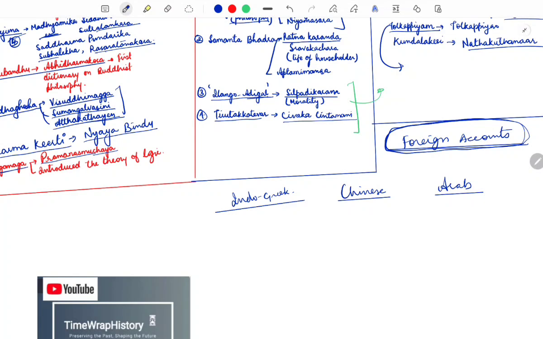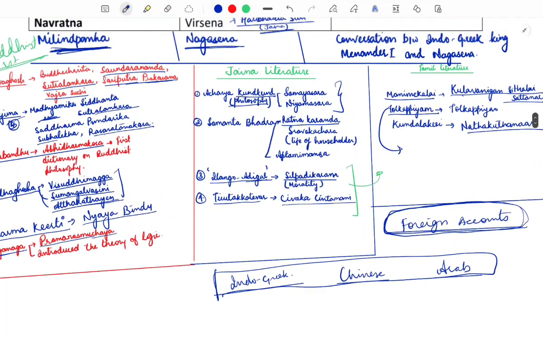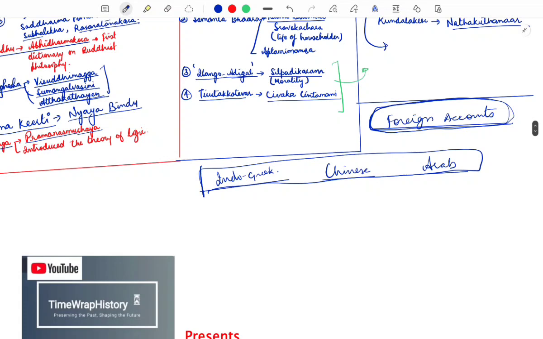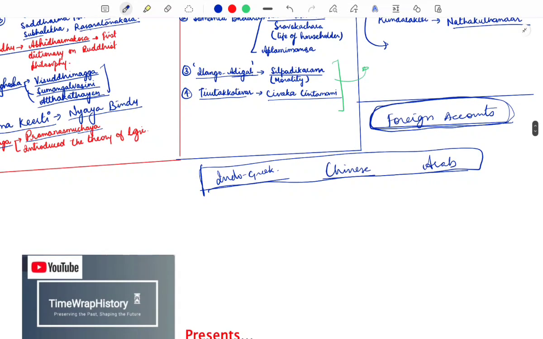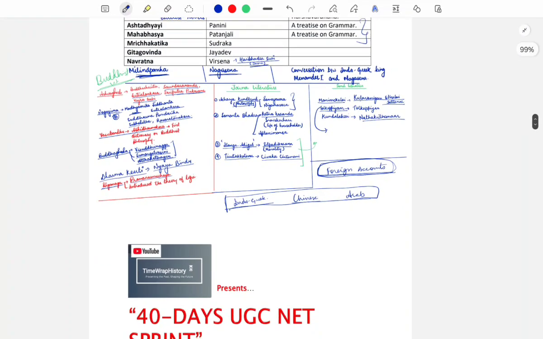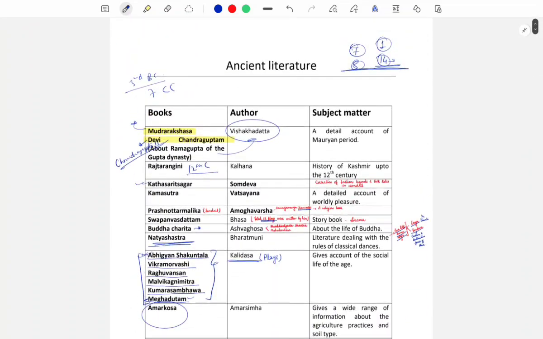So in the next lecture, when we deal with the sources of medieval India, I'll include the ancient travelers also while we discuss foreign accounts in that section. Actually I planned to do it here only, but here we don't have time. It is already more than 40 minutes, and it will also be very difficult for you to understand, because you already have this much of facts to remember here.